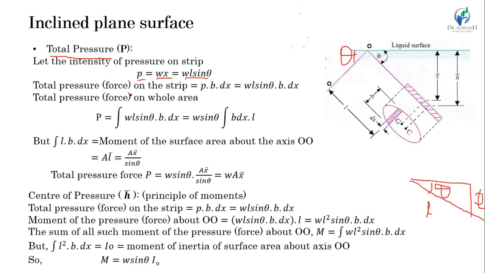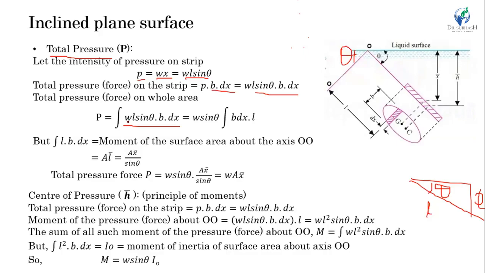Then the total pressure force, according to the definition, is intensity of pressure times the area, which is b into dx. So omega L sine theta into b into dx is the small pressure force acting on this strip. Then for the total pressure force of the whole area, by integrating this equation, we get the total pressure force equal to the integral of omega L sine theta b dx.